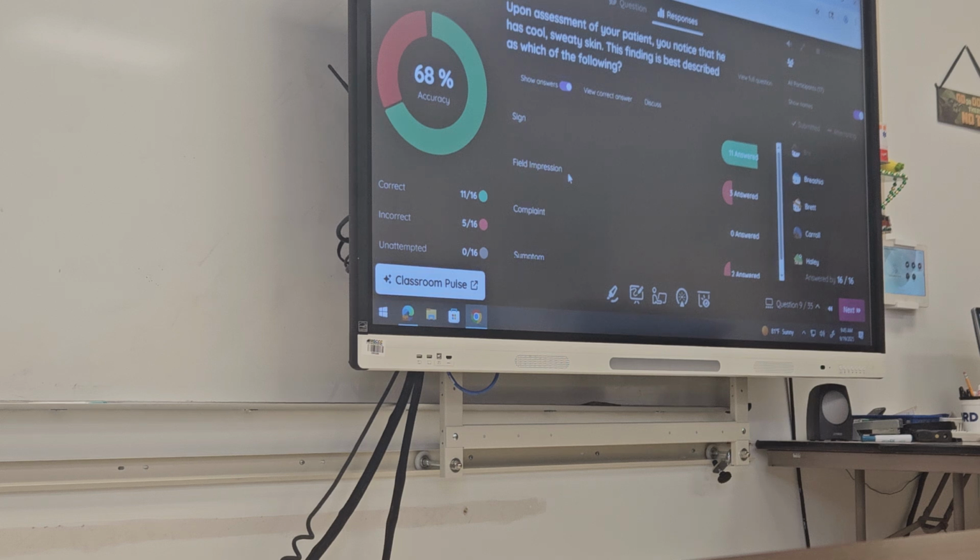That's your field impression, my patient's hypoglycemic. General impression is that initial, sick, not sick, are we doing good or bad? Chief complaint is what the patient says they're complaining of. And then again, a symptom is something that the patient's telling you, it's not necessarily something you can observe.